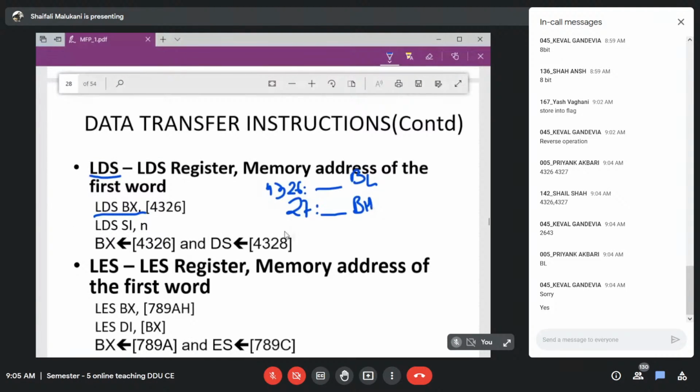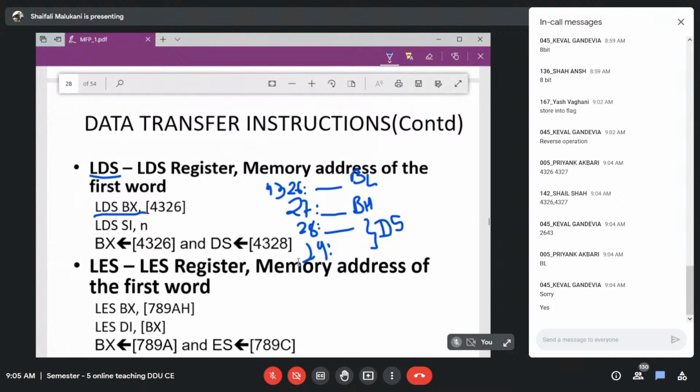Now your pointer is pointing at which location? Currently your pointer is pointing at 28. These two are used, these two are copied. Currently you are pointing at 28. The content of locations 28 and 29 is copied to DS, the data segment register.